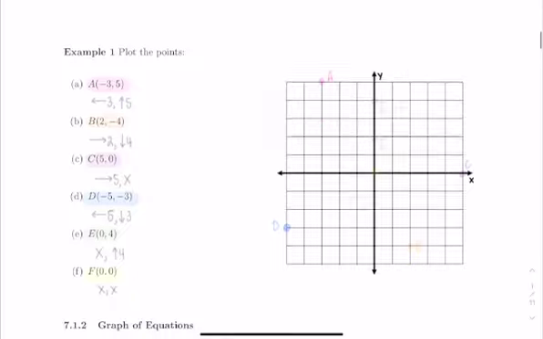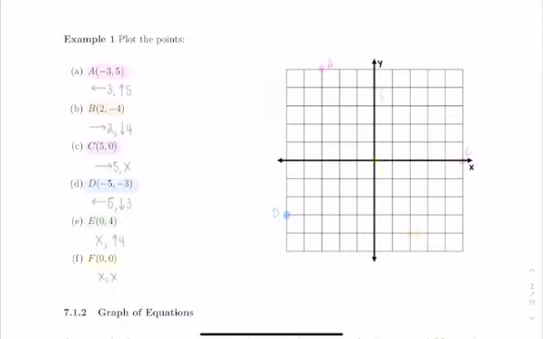Let's go ahead and plot the following points. The first one is A: (-3, 5). And so that means in the x direction, we're going to go to the left 3 units, and then we're going to go up 5 units.